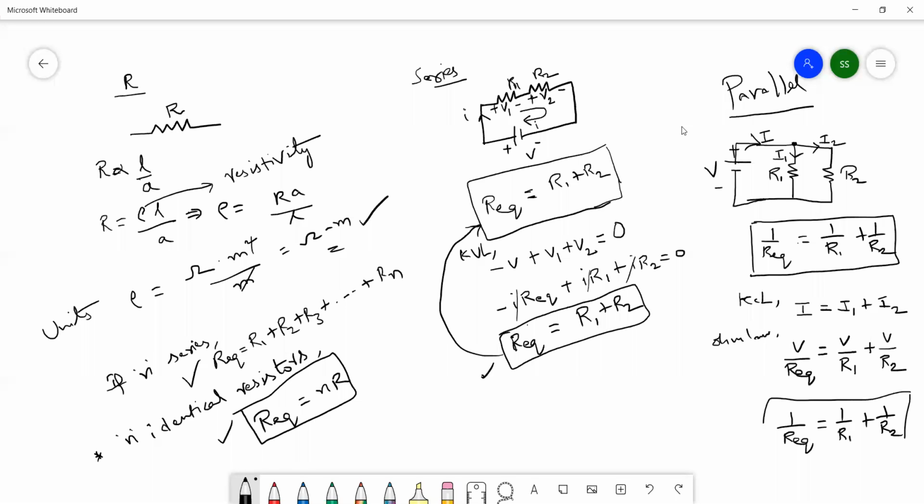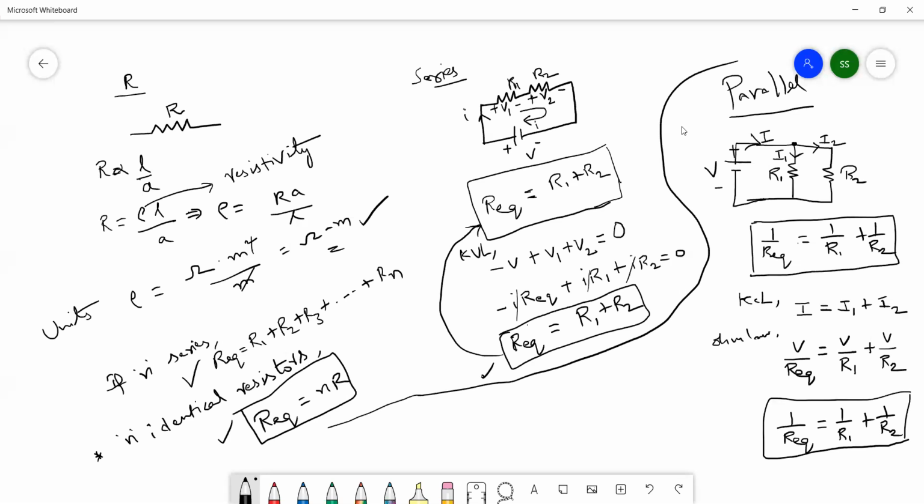So for the same, if n resistors are connected in parallel, same as series, then 1 by R equivalent equals 1 by R1 plus 1 by R2 plus, and so on up to 1 by Rn.